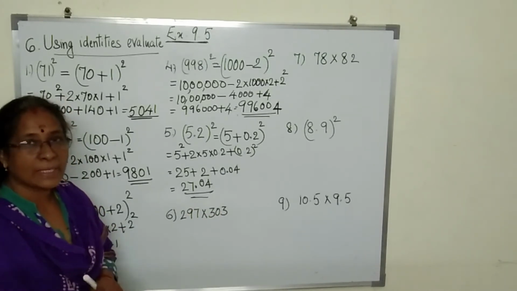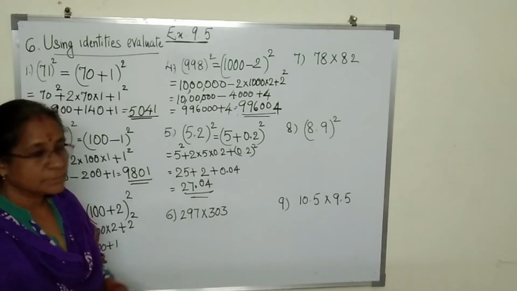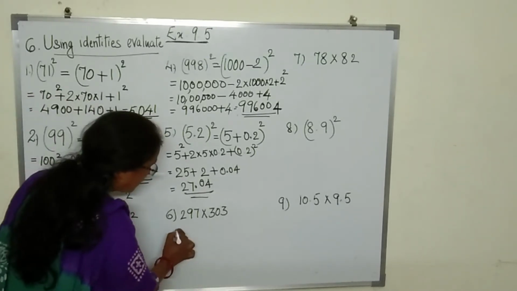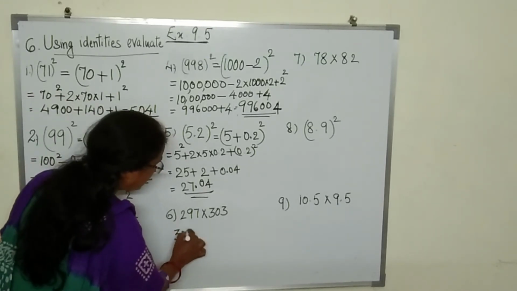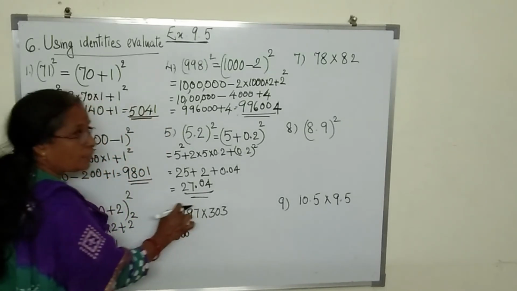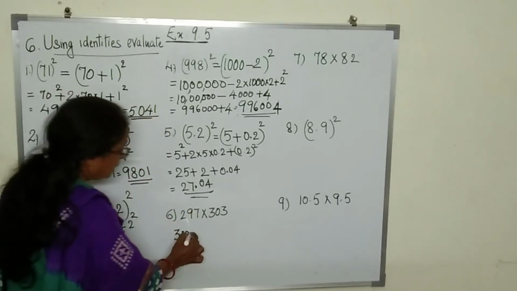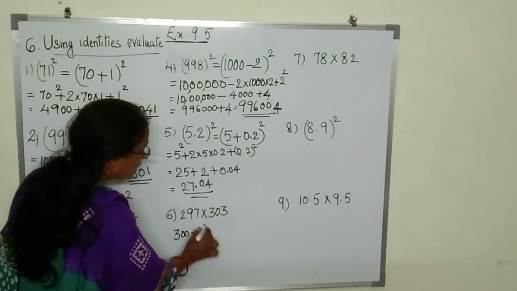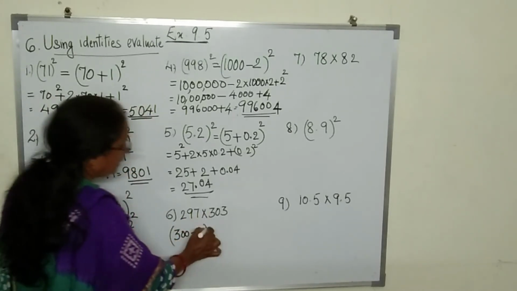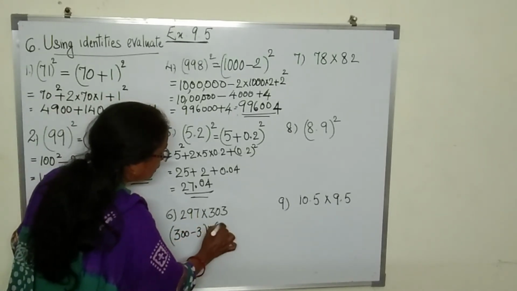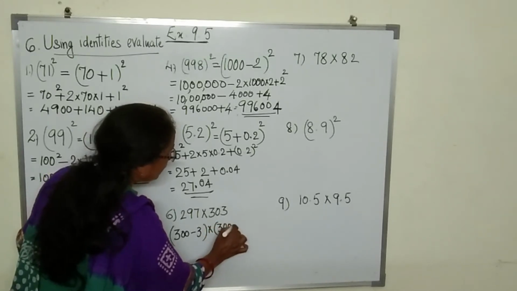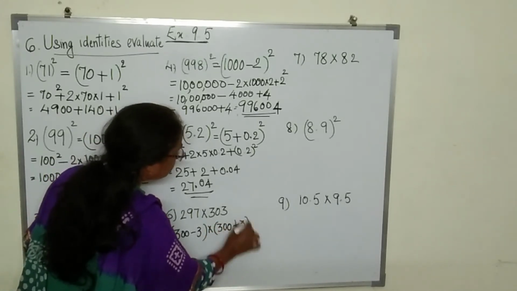Which is the zero ending number between these two numbers, that is 297 and 303? 300. So first write 300. Now 300, how will you make it into 297? 300 minus 3. Again this also 300, then plus 3.